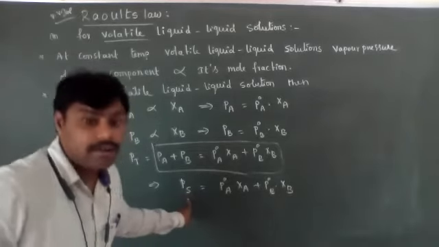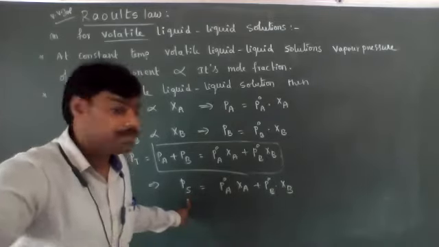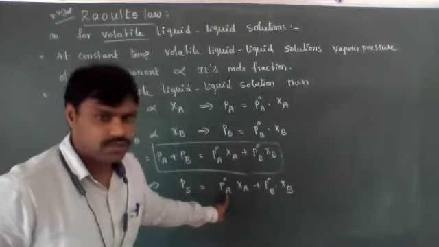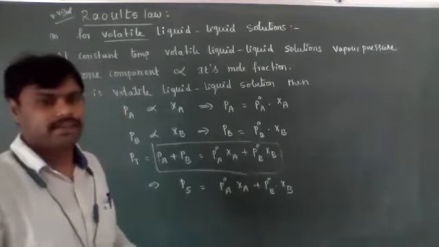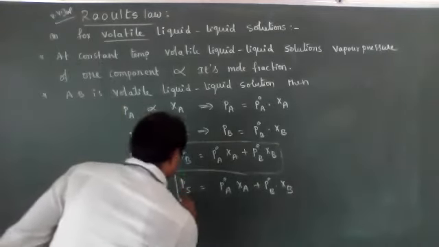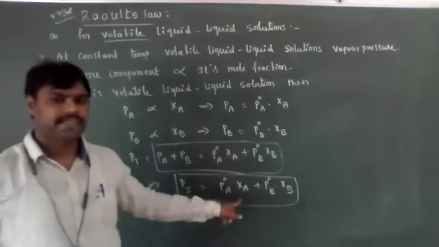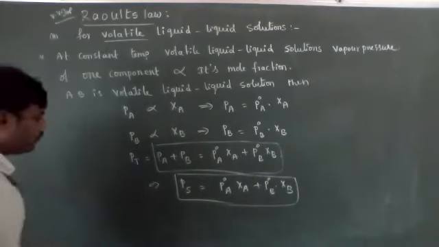The same formula applies if a non-volatile solute is present: then P naught B is equal to 0, so automatically PS is equal to P naught A into XA. We already derived that formula first. Okay, students, so PS is equal to P naught A into XA plus P naught B into XB. Now listen carefully.